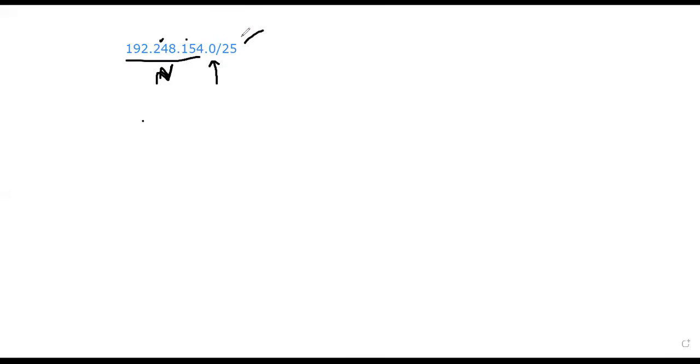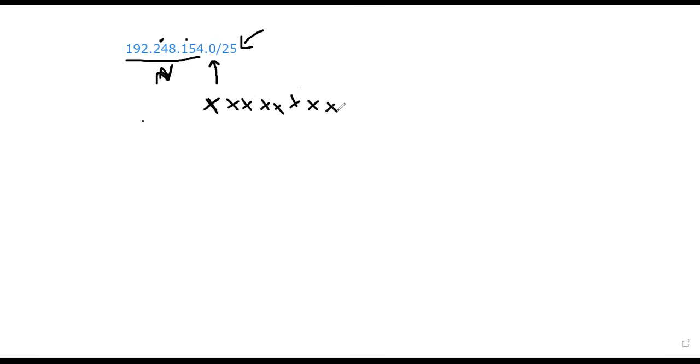But here they're saying 25, so we need to allocate 1 more bit. Since 25 is already given, this bit is allocated for the net. So the remaining 7 bits are going to be for the host: 1, 2, 3, 4, 5, 6, 7.